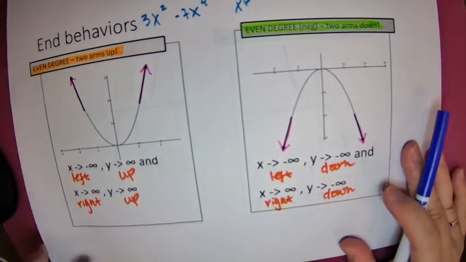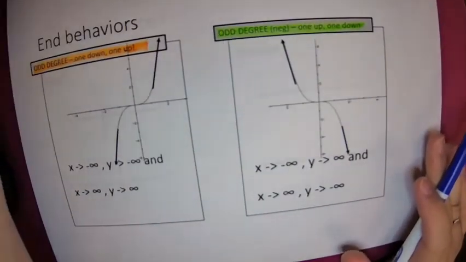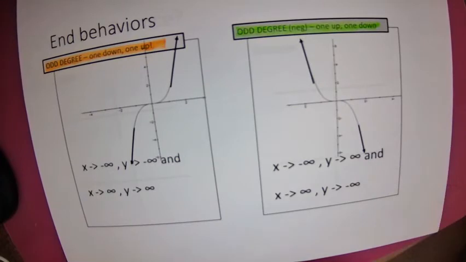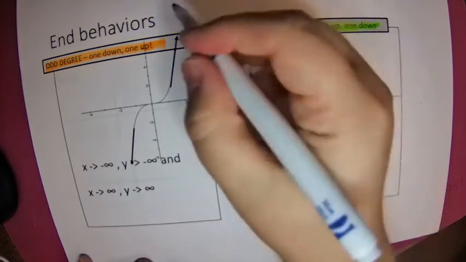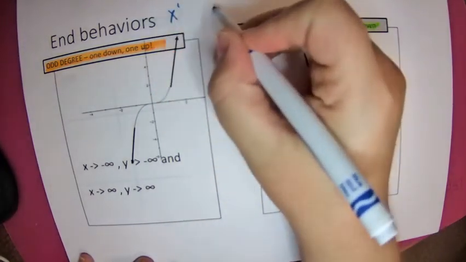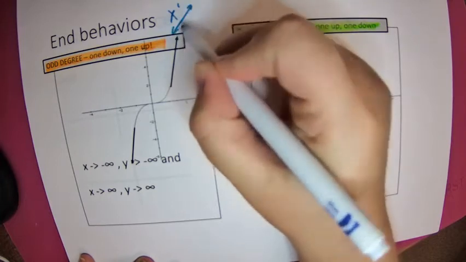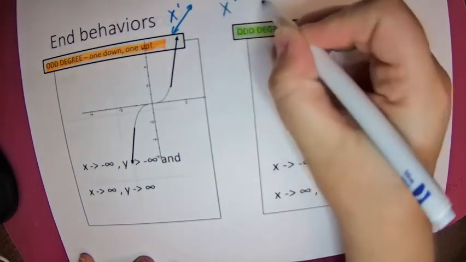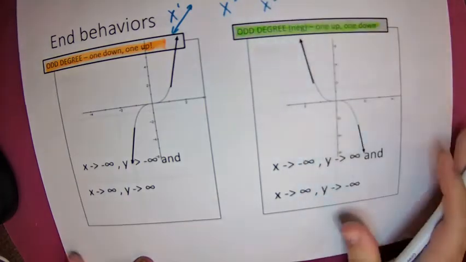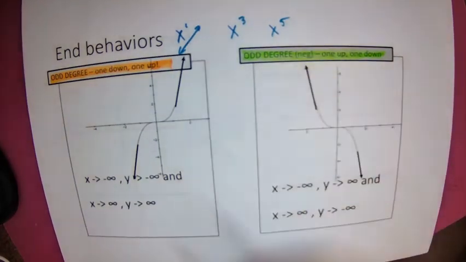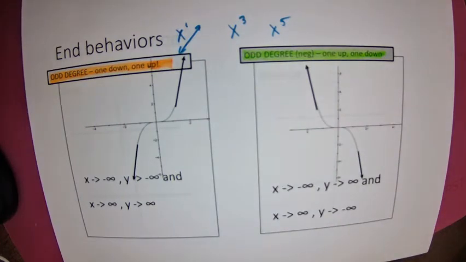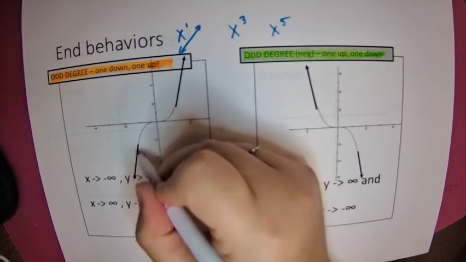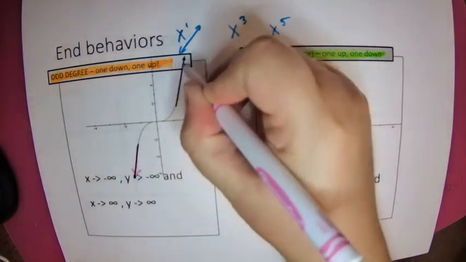But you don't always have just even degree functions. You can have odd degree functions. So what they're talking about is that if we have an odd degree, and this would be x to the third, well, even x to the first power, but those are straight lines. They do this generally, or x to the third, or x to the fifth. Anybody like that, we're going to have this type of behavior. They're going to have one arm down and one arm up.